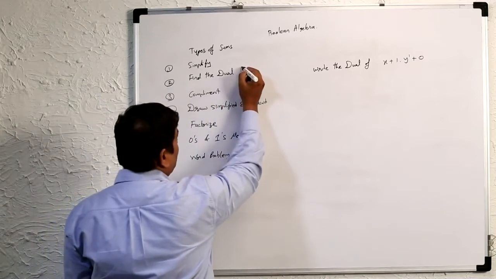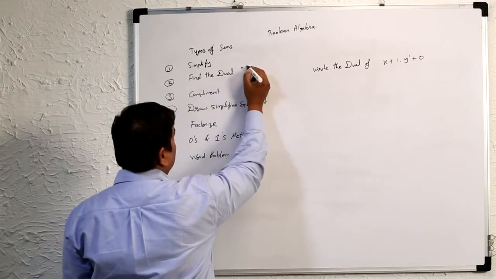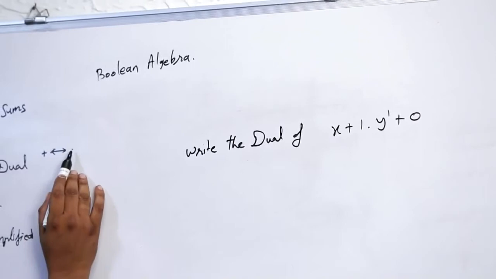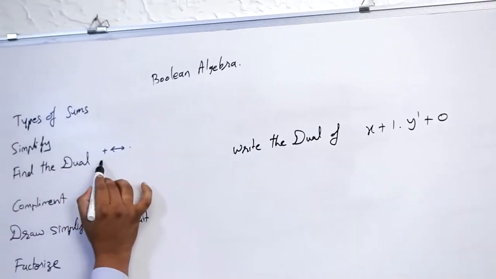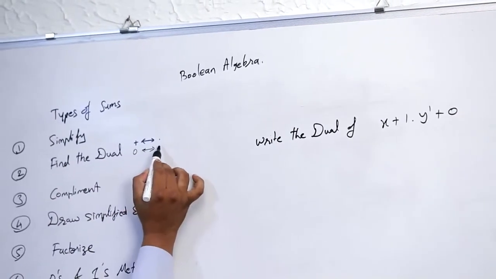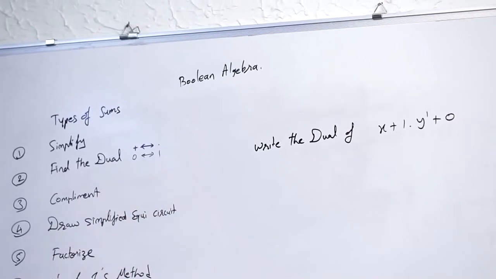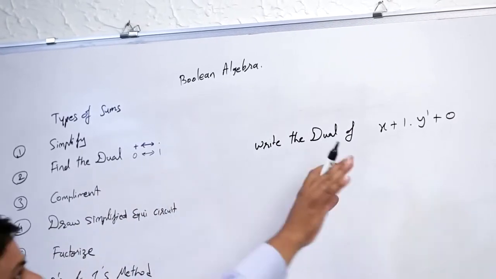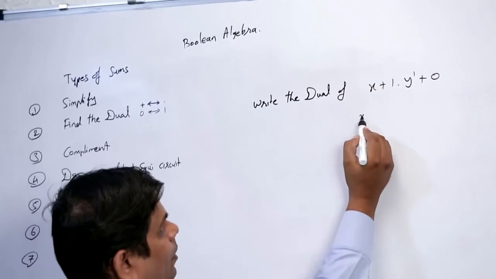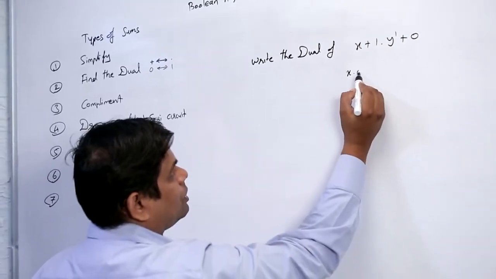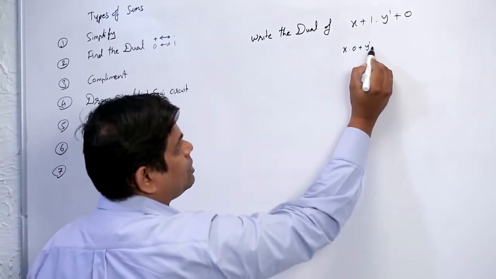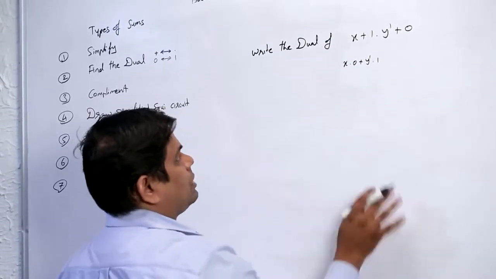Whenever there is plus, you replace it by dot. Whenever there is dot, you replace it by plus. 0 you replace by 1, and 1 you replace by 0. That's the end of it. So what is the dual of this statement? The dual of this statement is simply x dot 0 plus y dash dot 1. Finish. That's the dual.